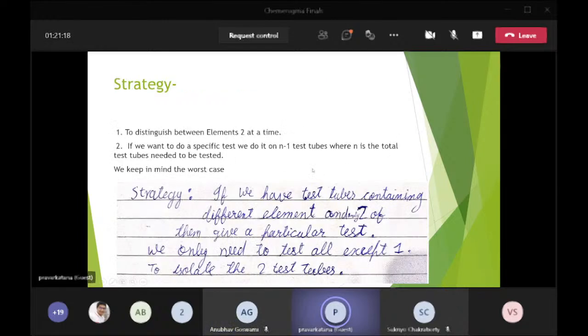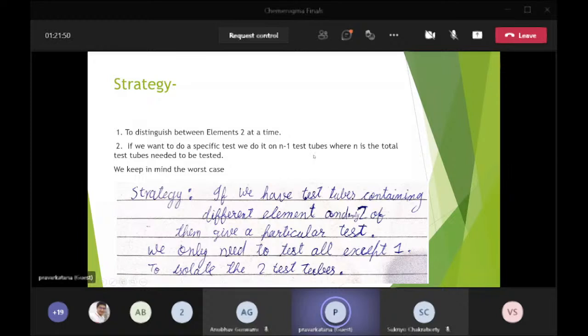So we have a brief strategy. We first try to distinguish two elements at a time. Earlier we tried to segregate into half and half because that looked more efficient, but segregating two elements at a time, which we will explain further, looks much more efficient after we calculated the cost. Also, there is one more tactic: if there are n test tubes left, we just test on n-1 test tubes.